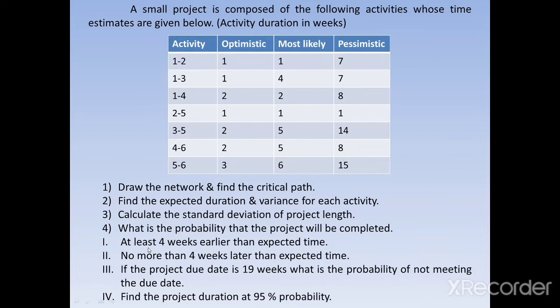So we calculate the expected time, and then the probability that the project gets completed 4 weeks earlier than the expected time, and no more than 4 weeks later, after the expected time. The next one is the 19 weeks probability we need to find, and we need to find the duration for the 95% probability. So this we have to find.